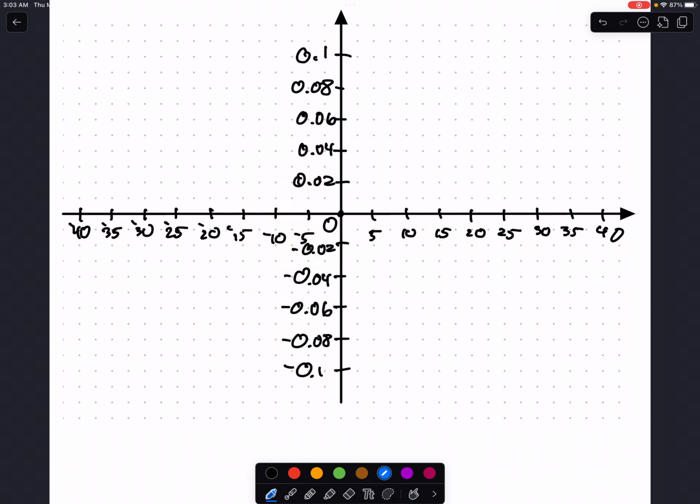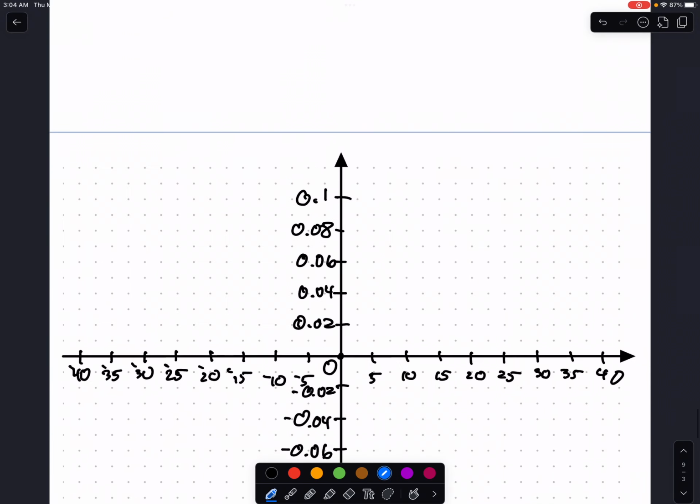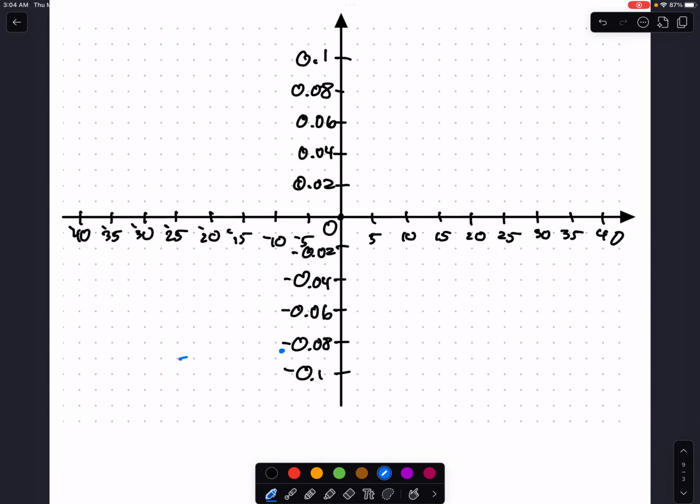Okay, so we'll get close. Negative 9, negative 0.085 is about here. And that point was negative 5 root 3 over negative root 3 over 20. Okay, we also had the origin.